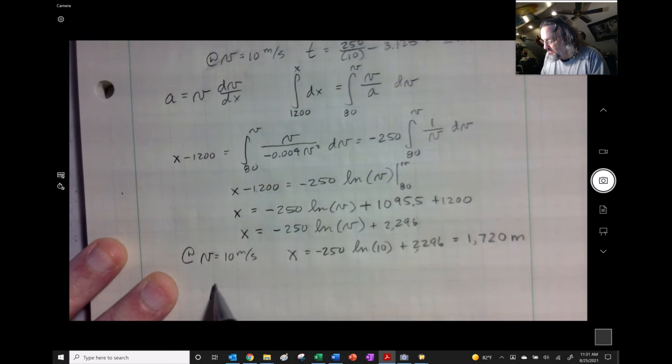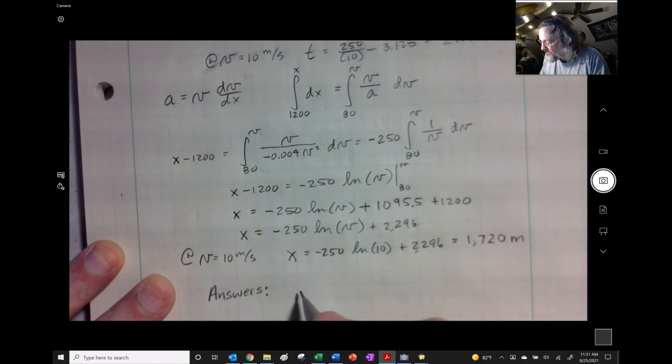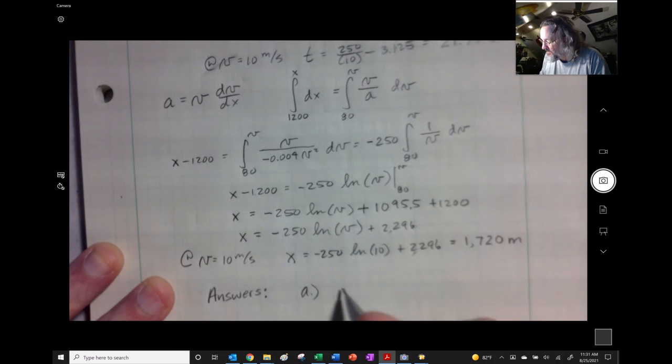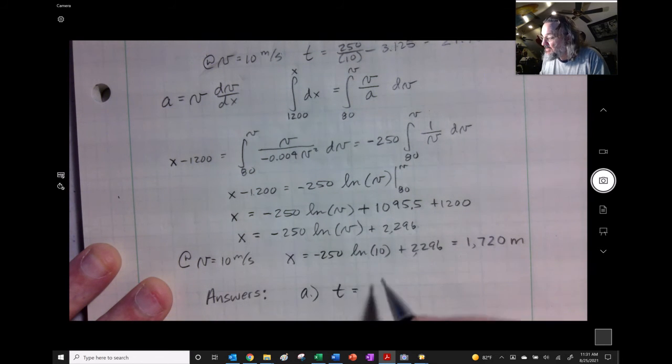So those are the answers right there. Let's see the answers, and I hope I did it right. We'll say that T is equal to 21.8 seconds.